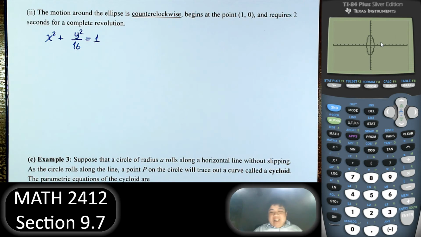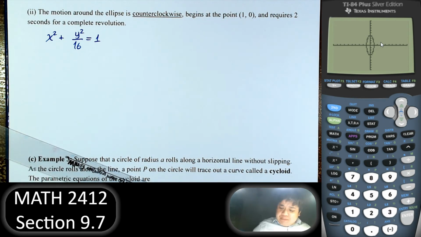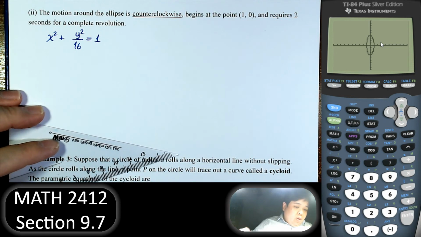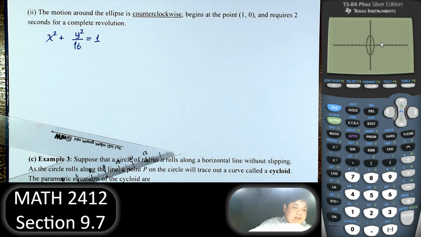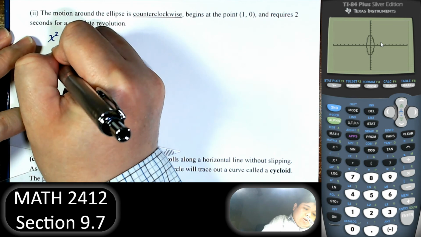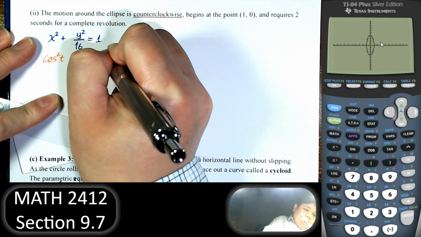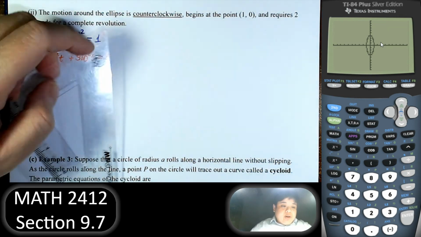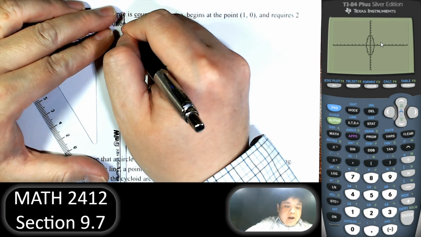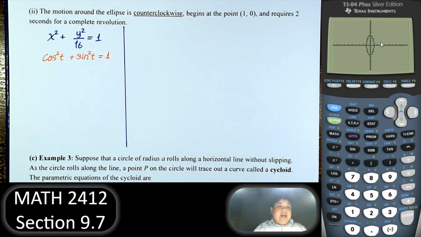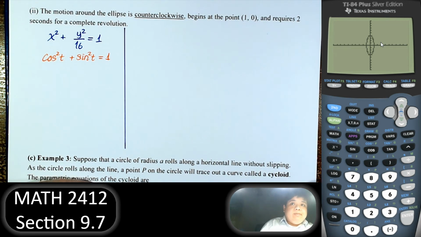So we have to do it a little bit differently here. Let's find out. Right. Once again, we will have cosine squared plus sine squared equals 1. Now we just match. One of them is cosine squared, one of them is sine squared. And this time it is counterclockwise.